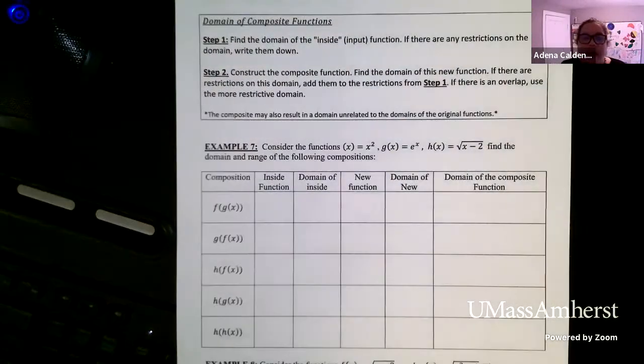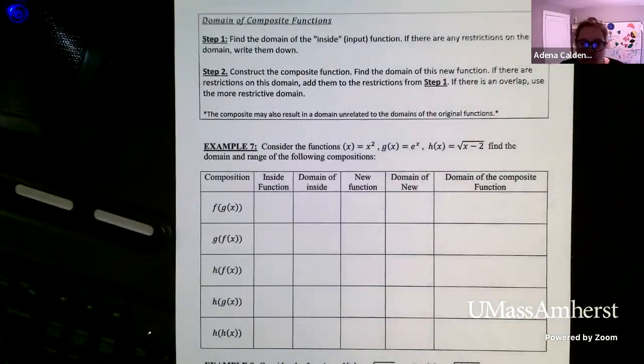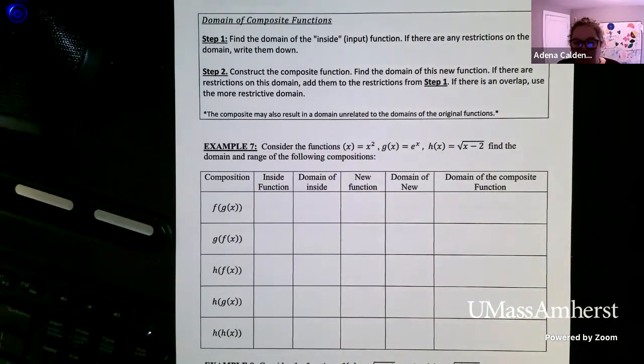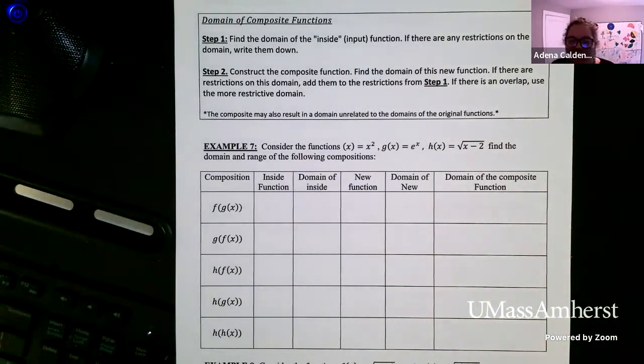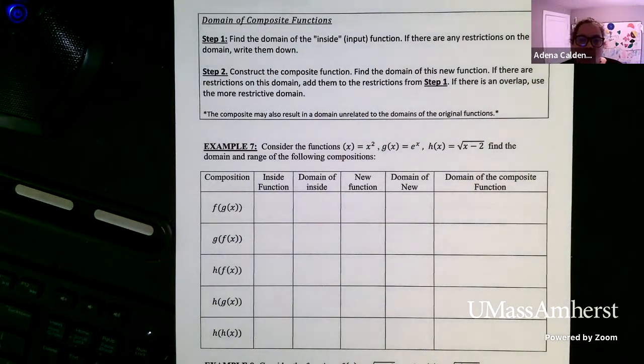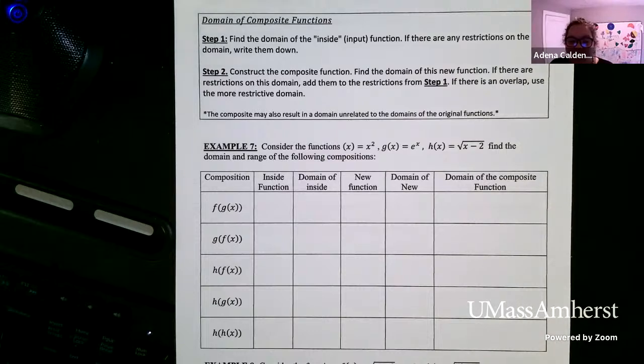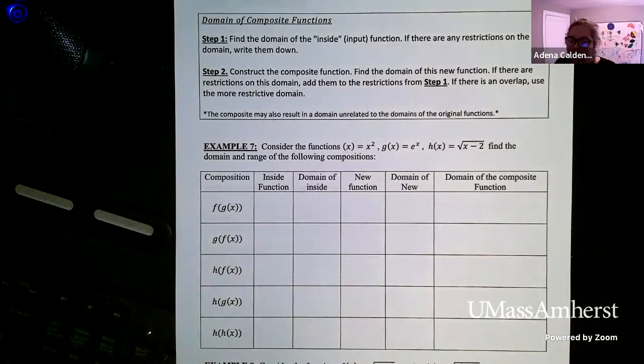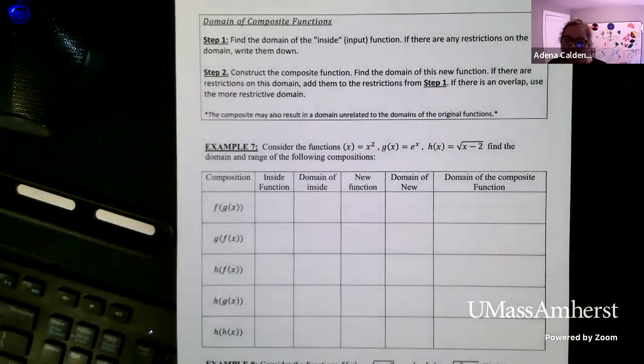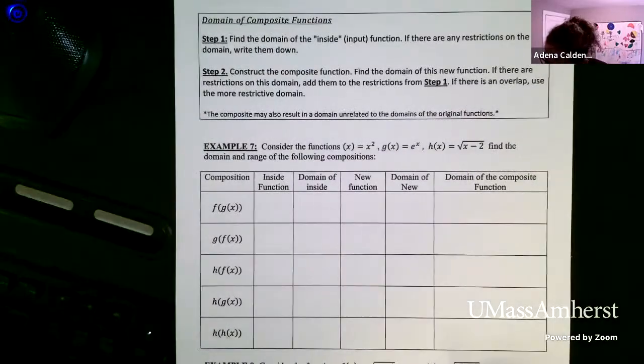Okay, if there's restrictions on that domain, we're going to add them to the restrictions we had from the original function we plugged in. If there's an overlap, then we're going to use the more restrictive domain. Okay, and we'll look at this and see what that means overall. So we have to consider again the original function that we're plugging in and the composite function, and then we're going to take the more restrictive domain.